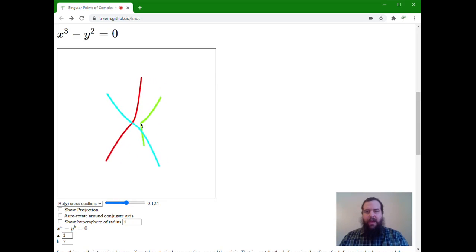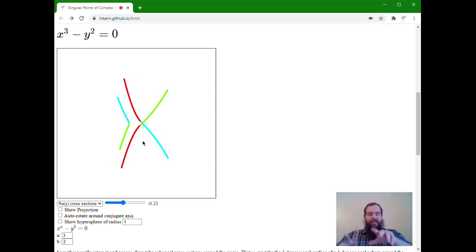We see that these curves all come closer to each other at 0, or well, close enough to 0. They're all intersecting each other. And then we see that again the threads get switched. So this isn't just threads crossing each other, there's some sort of exchange between these threads that's happening here.